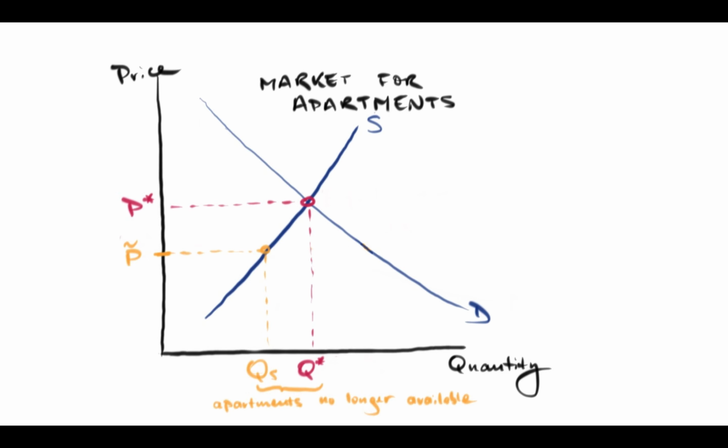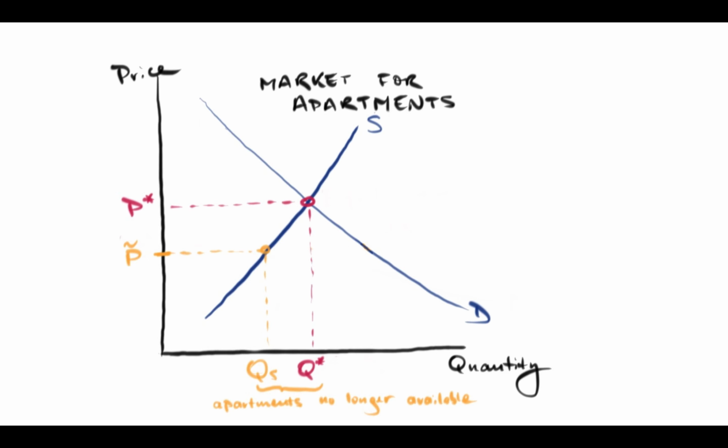Some of that are apartments that are no longer available. So in equilibrium, Q-star apartments would have been available. Oh, let me go back a slide. In equilibrium, Q-star apartments would have been available. But if there's a limit to the price that landlords can charge, only QS will be available. So for various reasons or in various ways, landlords are not providing as many apartments.